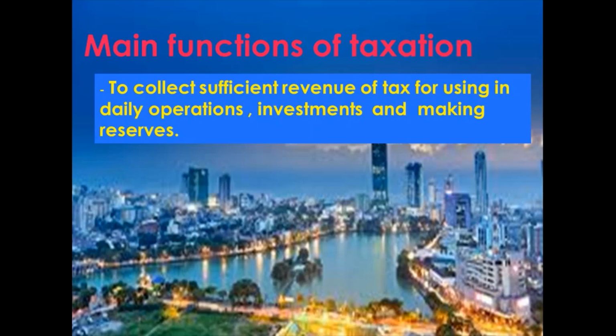That means once the tax income is collected, the government has to incur expenditures in these categories: for normal daily operations, for paying salaries, and they have to make some investments to have investment returns in future, and they can allocate some amount for making reserves as well to use in future.